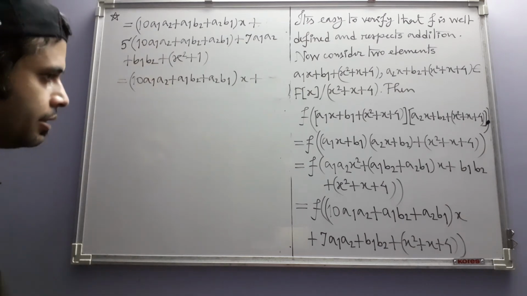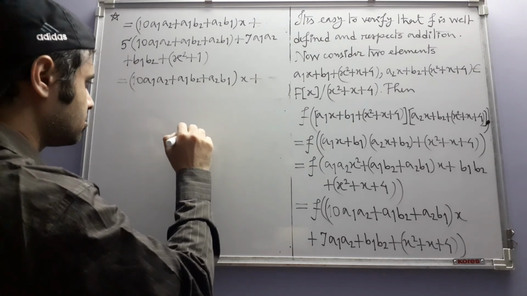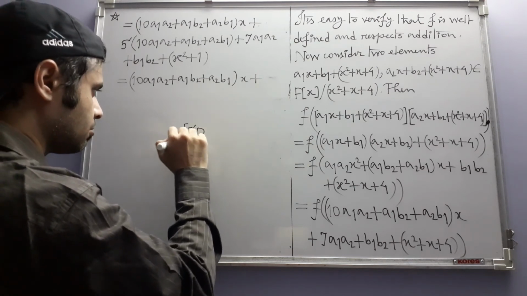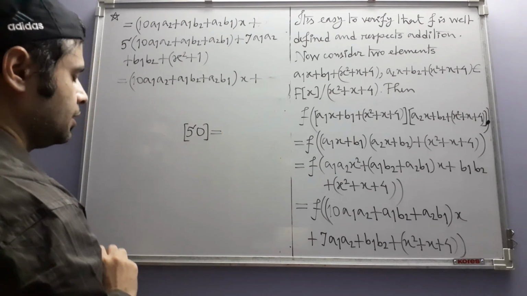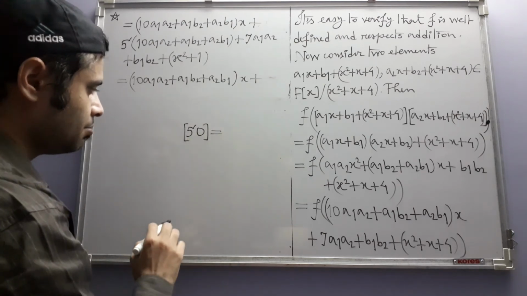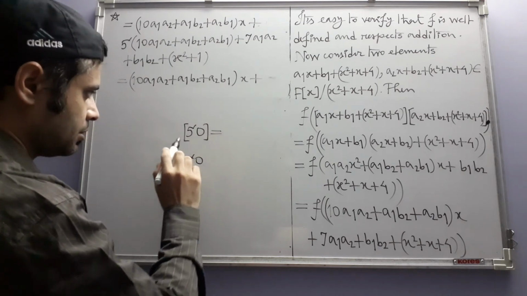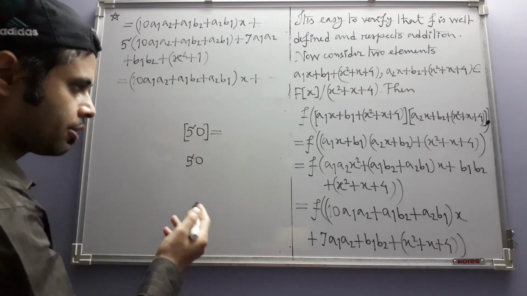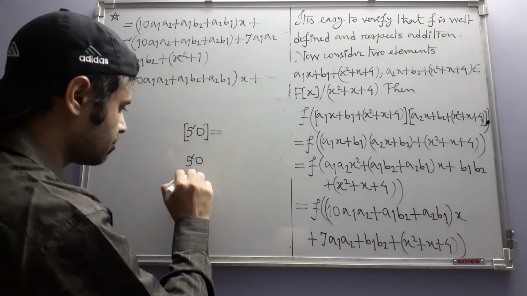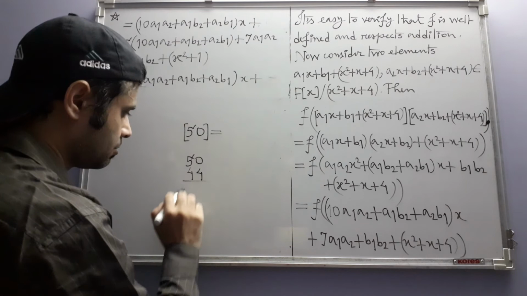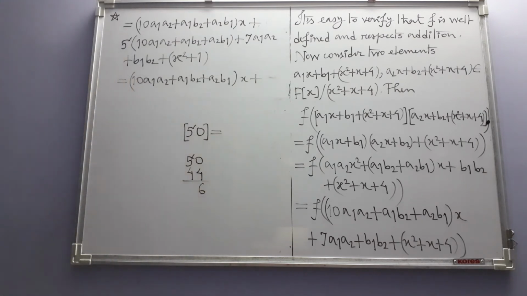5 times 10 is 50. Now what is this congruence class? If you divide 50 by 11, then it will become 4 times, because you cannot take 5 times 11, it will become 55, that is greater than 50. So 4 times 11 is 44. So that gives us 6.